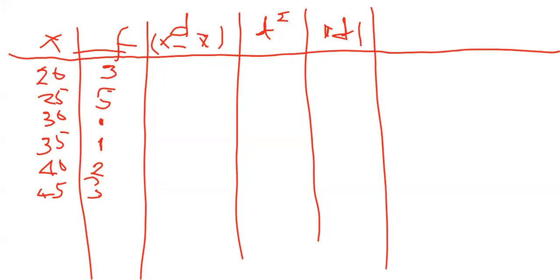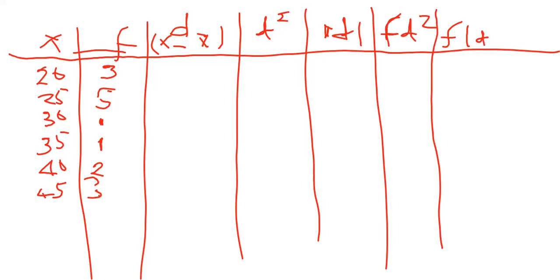We now have F D square. We now have the column, which is F times the positive value of deviation. Did you understand this table? Yes. Good. So that's how you do it if it's theory and examination, running like that, and get your results.